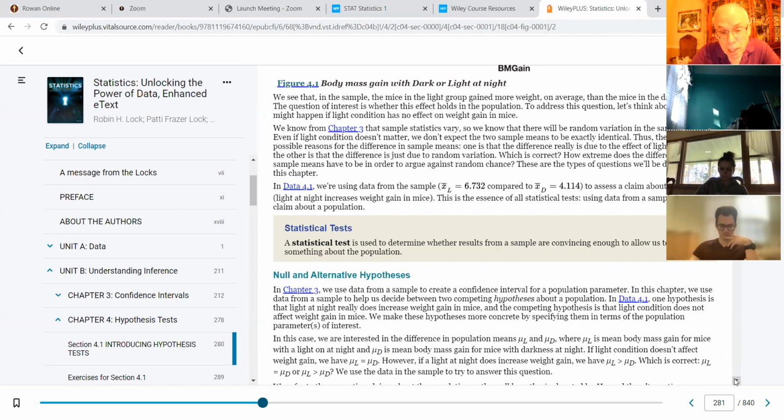Well, sometime in the future, you may be asked to determine whether there is some difference between two groups in whatever you're doing in your work. You could be a teacher, you could be a doctor, you could be an engineer, whatever you're doing, you might be asked to do something like this. And so the actual method that we will go through is not that hard, but it's new.